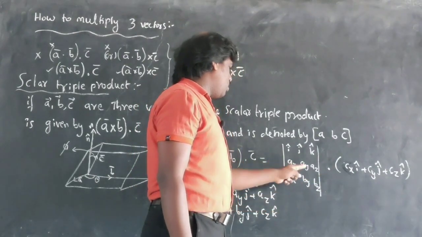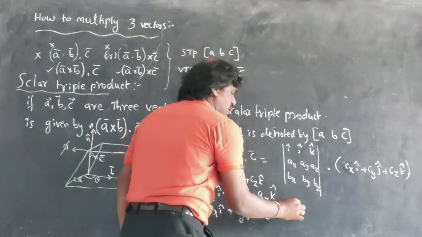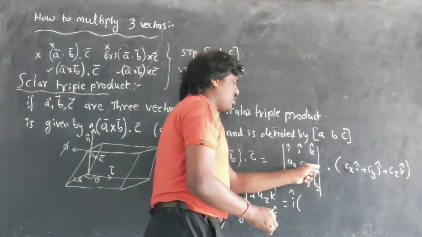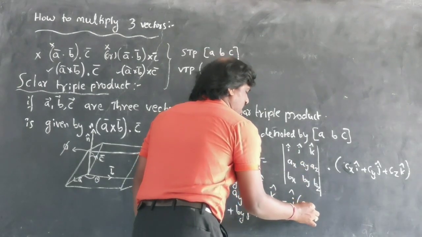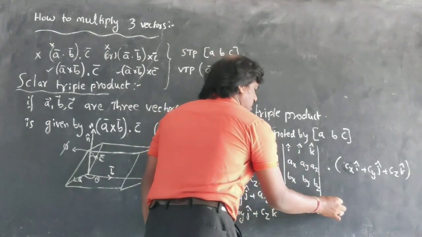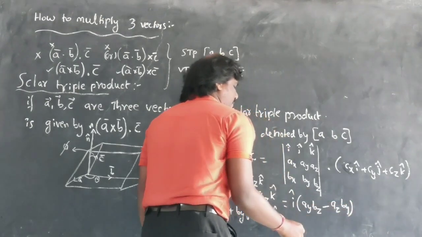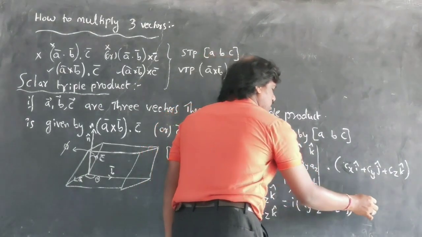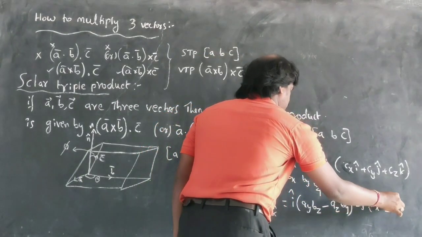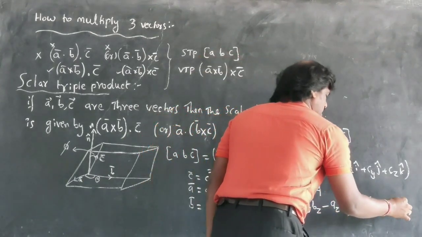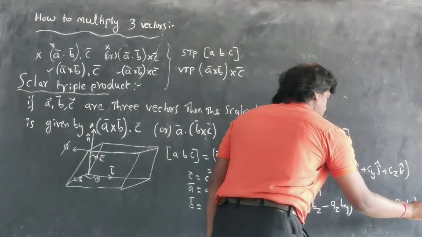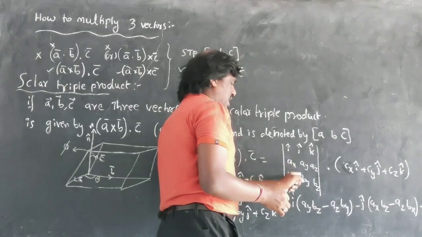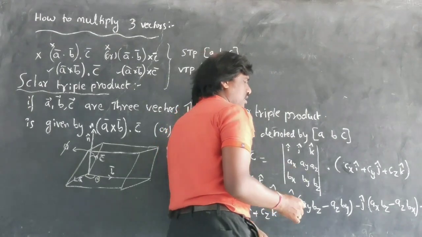So I know how to find this, right? It will be i cap into AyBz minus AzBy, minus j cap into AxBz minus AzBx, plus k cap into AxBy minus BxAy.